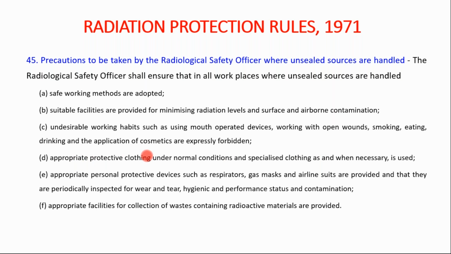Then appropriate protective clothing under normal conditions and specified clothing as and when necessary is used. So we have to use the personal protective material, that is a full body apron, which is resistant to the radioactive sources. That full body apron should be used for handling these types of radioactive sources.